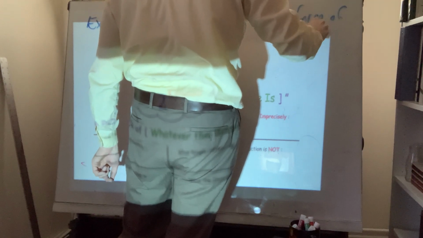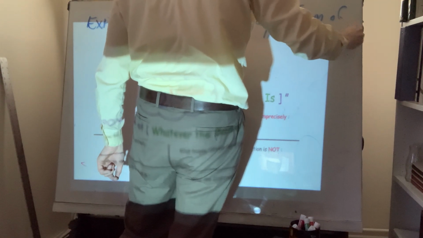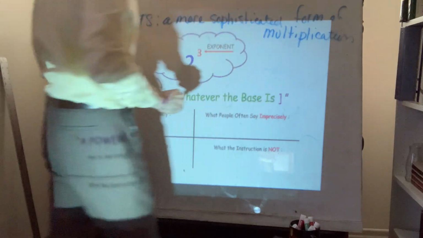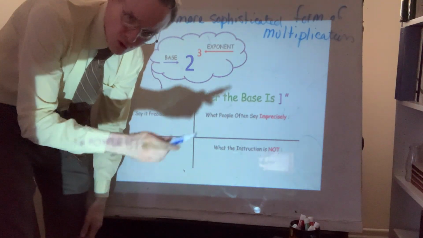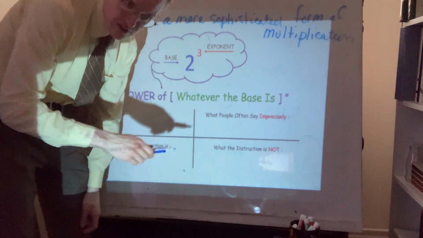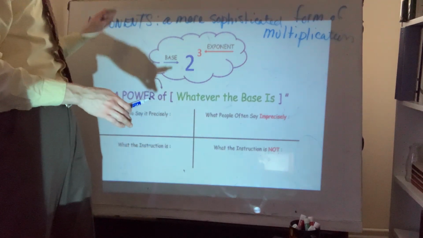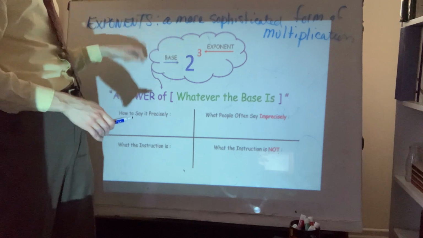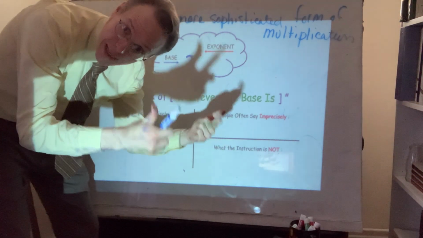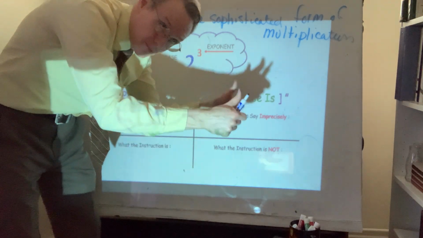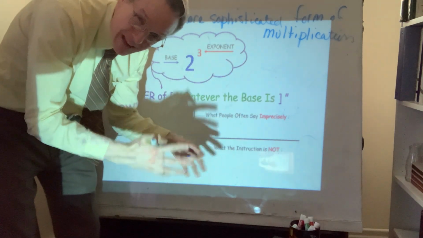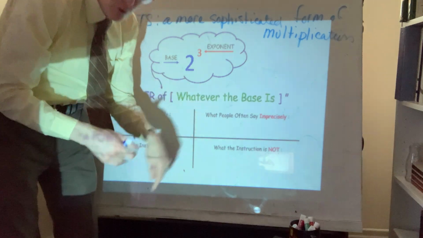There's the opposite of exponents, which is roots. You may have heard of square roots and things like that. Think of exponents, little digit here, as being an amped up version of multiplication, and think of things like roots or radicals as being kind of an amped up version of division. They're more specific as to what you have to do.